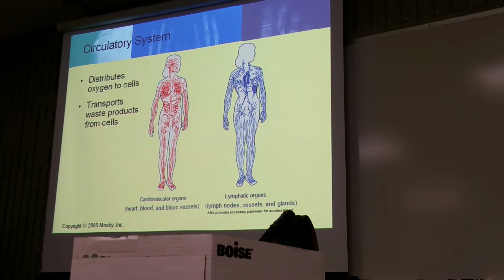Now, the lymphatic system is also part of the circulatory system. The lymphatics is responsible for your immunity, more responsible for carrying the blood cells to help cure any type of infections. But it's also part of the blood circulatory system because it provides a pathway for any type of overabundance of blood supply.